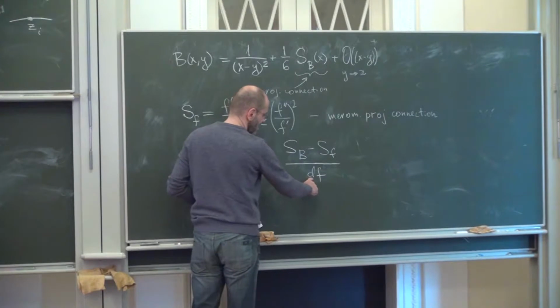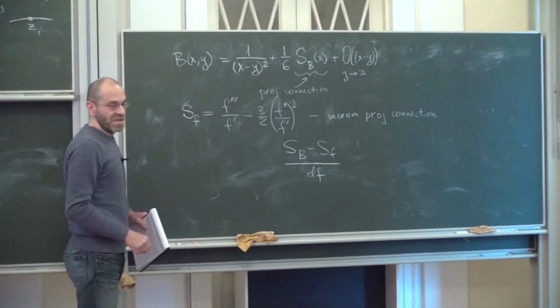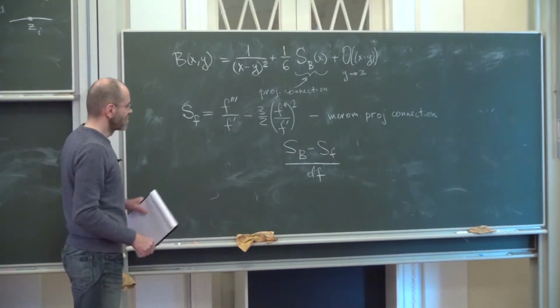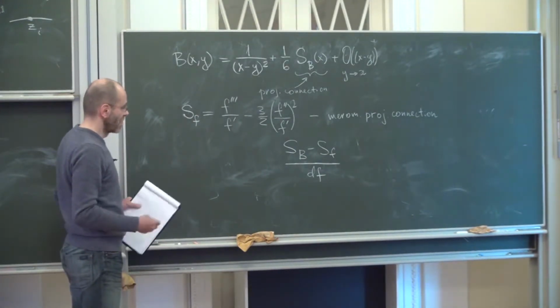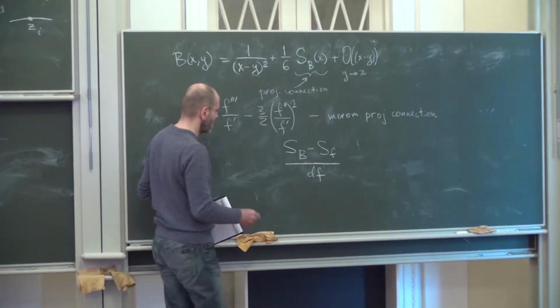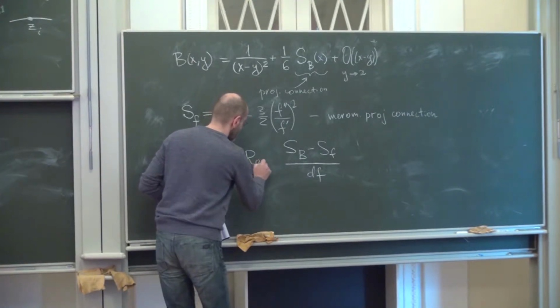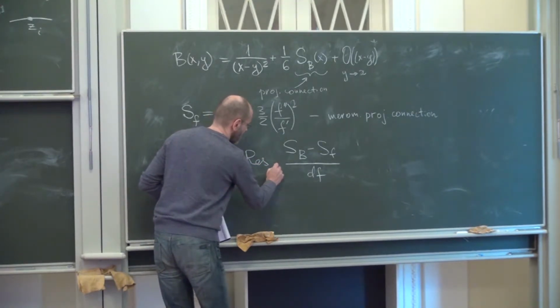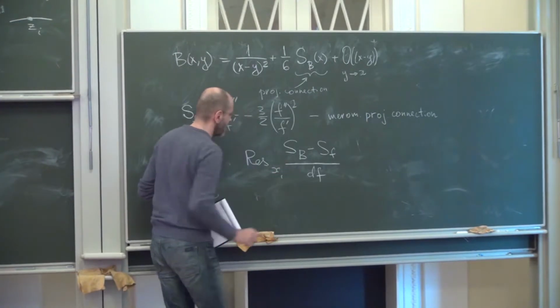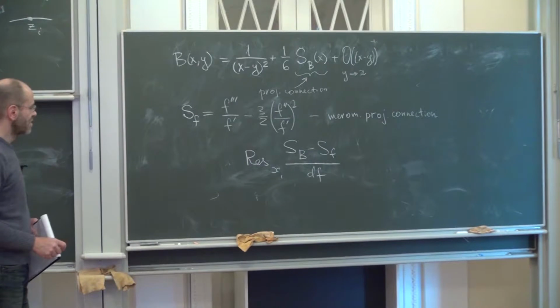That's a meromorphic abelian differential. So the ratio is a meromorphic 1-differential, or abelian differential. So its residues are well defined, and we will be interested in its residues at the critical points. There are n of them, so let's take the residue at each of them. It's a well-defined number.